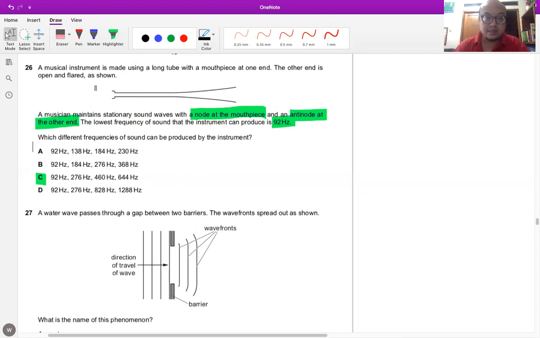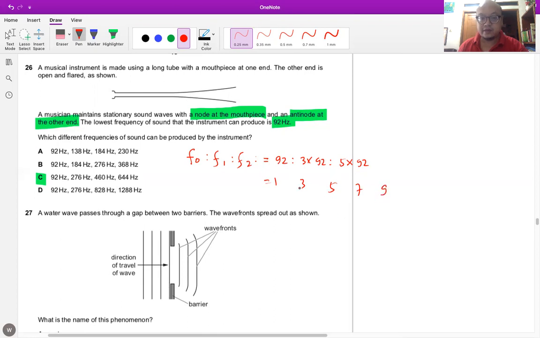What is the lowest frequency the instrument can produce? Because there is an antinode at the other end, this is the lowest frequency, which is 92 hertz, and the second is 3 times 92, the third is 5 times 92. It goes 1, 3, 5, 7, 9 relative to the lowest one, so 3 times 92, 5 times 92, 7 times 92, and 9 times 92.